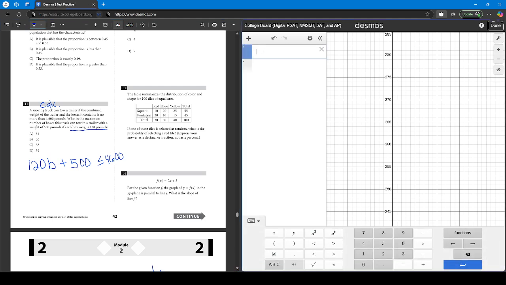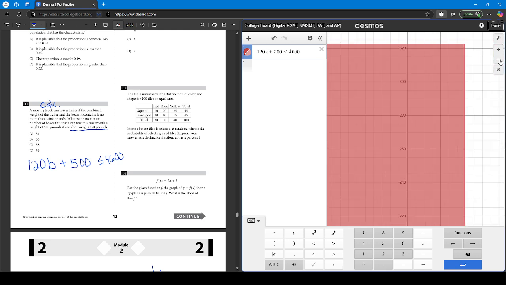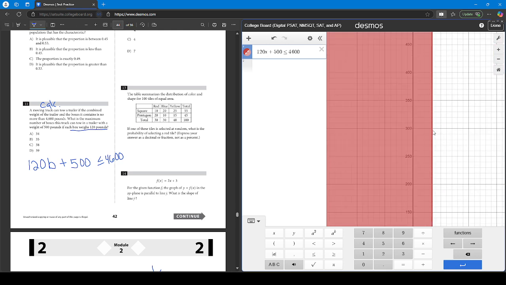Okay. 120 pounds times how many boxes plus 500 is less than or equal to 4,600. And it says, oh, I don't like your equation you put in. Instead of putting the letter B for boxes, I'm going to change it to an x. And let's zoom.